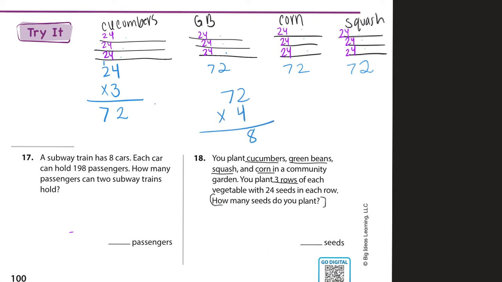4 times 2 is 8. 7 times 4 is 28. And my total is 288 seeds. Those are a lot of steps, but I wanted to show you how drawing a picture can help you think of what to do, because especially on a test, I know I want to get the right answer.